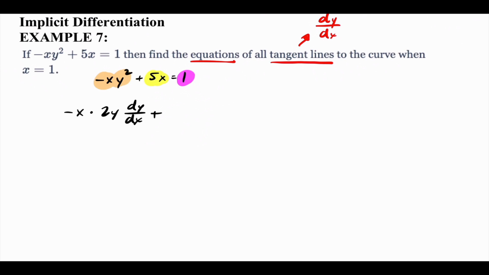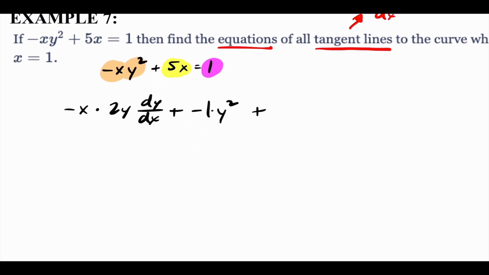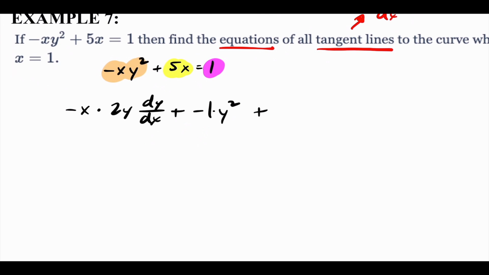Since I found the derivative of a y, I had to give the tag. Now the derivative of the first times the second. That's the derivative of the orange. Okay. Now the derivative of the yellow. It's just 5. And then the derivative of the pink is just the derivative of 1, which is 0.